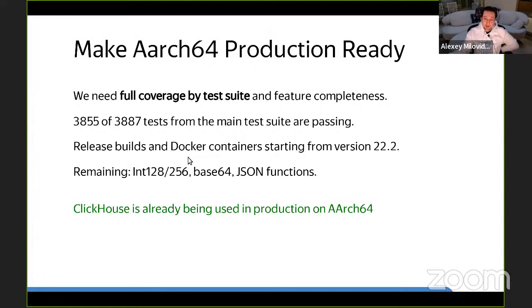It is already prepared and will be available starting from the next release. What is missing is full support for big integers, base64 encoding, and JSON functions. In the meantime, people already use ClickHouse in production on servers with AArch64 CPU.